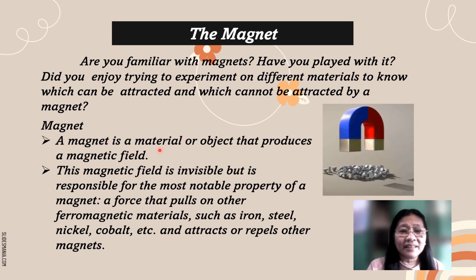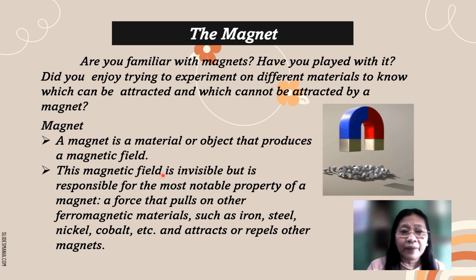A magnet is a material or object that produces a magnetic field. This magnetic field is invisible. When we say invisible, it cannot be seen by your naked eye.